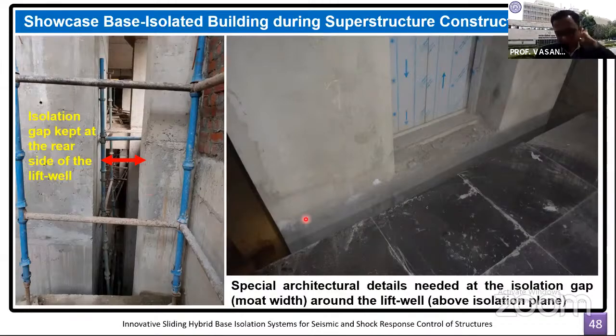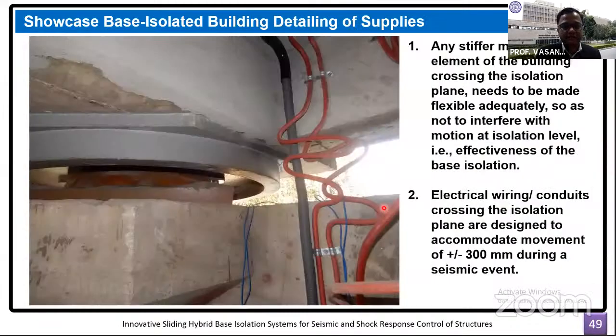And here in front of the lift core, when the lift is used, we will have to provide certain architectural features such that users can use the lift without bothering about this gap. Please note that this lift core is hung from the top and isolated at the bottom. So maintaining this moat width or isolation gap is important to avoid any impact with the adjacent elements.